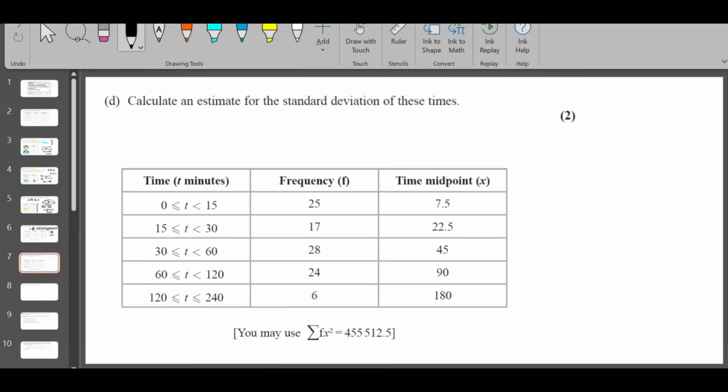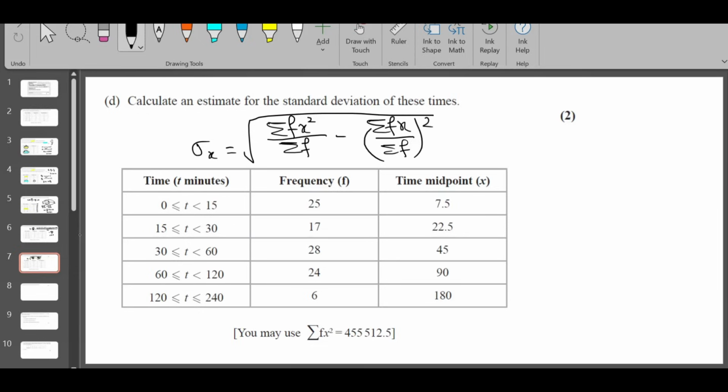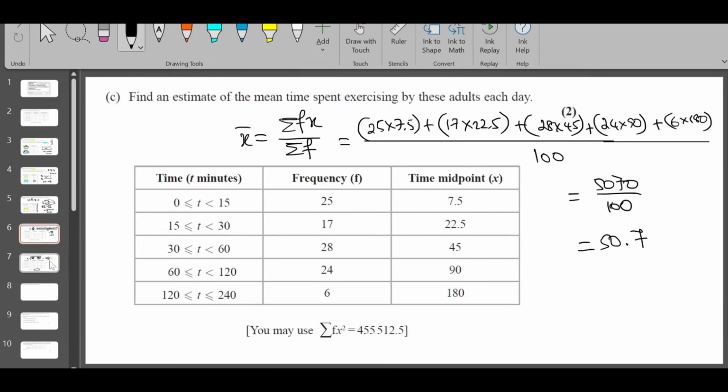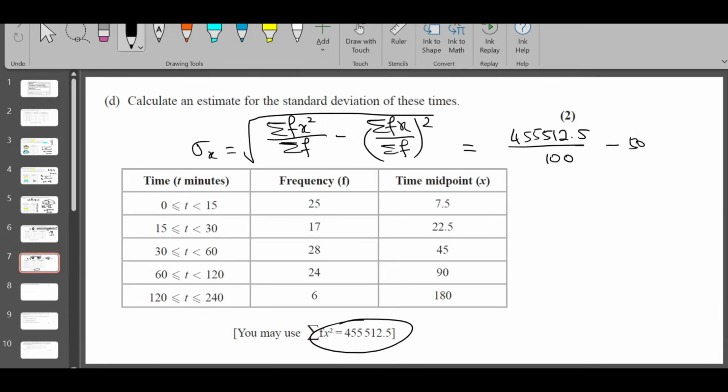Now part D, find the standard deviation. The formula for the standard deviation sigma is the square root of the variance of x, which is sigma fx square over sigma f minus the square of the mean. Sigma fx square is given here: 455,512.5, divided by 100, minus the mean we just calculated, 50.7, squared, and then take the square root of everything.